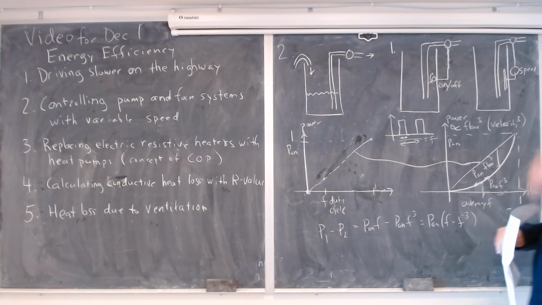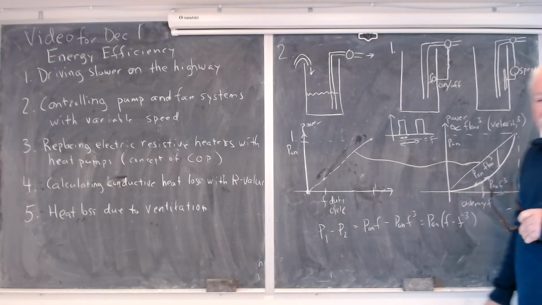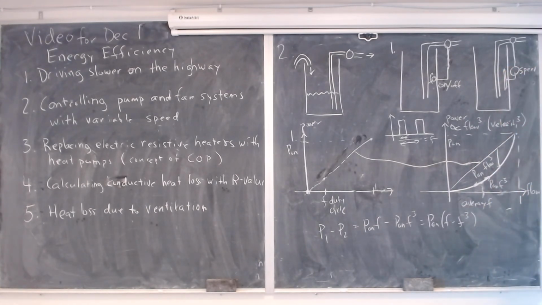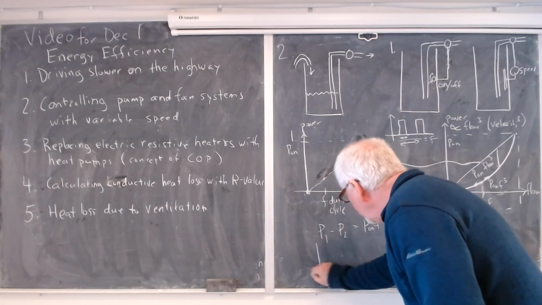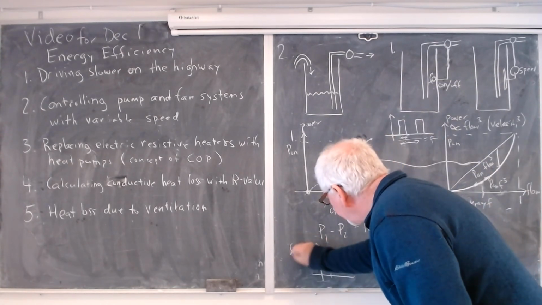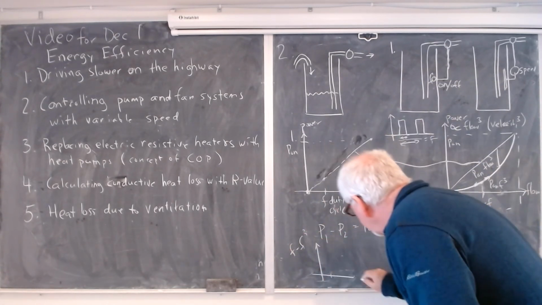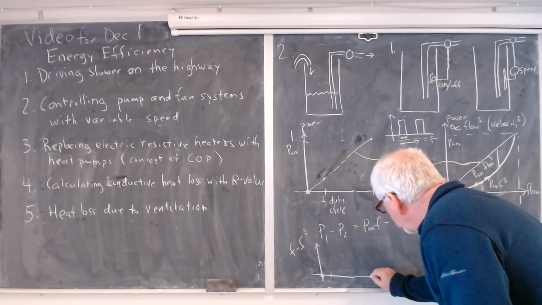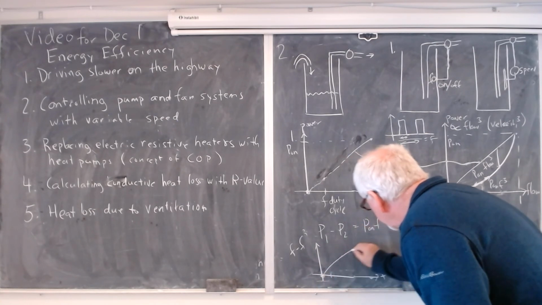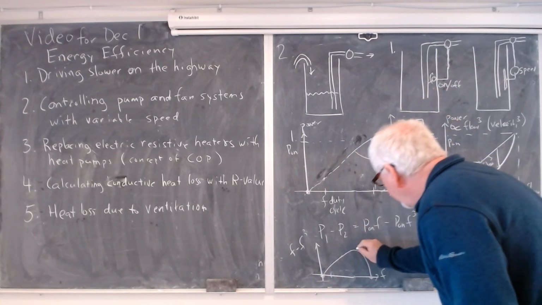So you don't want to apply speed drives in situations where the load is continuous. But if my average duty cycle or average speed is around 50%, and in fact you can calculate that: f minus f cubed, versus f, it's 0 at 0 and 0 at 1, and it goes through a kind of maximum like that.